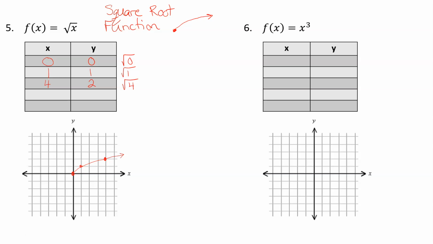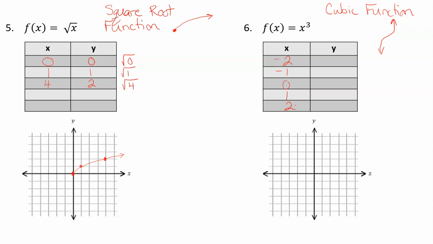Okay, next we have the cubic function. Or you could just say the cube function. The degree is 3, and the shape of the cube function looks something like this. We could go ahead and go back to our normal x values and choose -2 to +2.